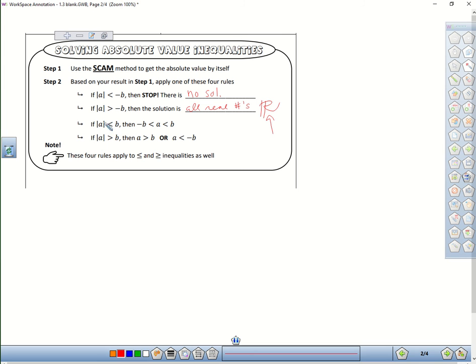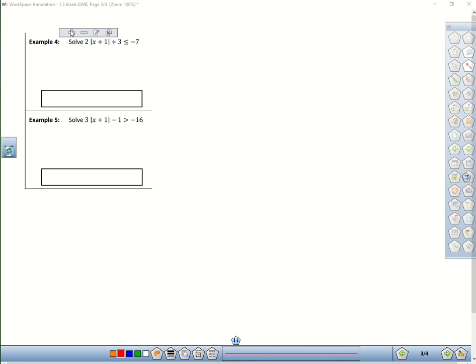If the absolute value of a is less than b, then negative b is less than a is less than b, and if absolute value of a is greater than b, then a is greater than b or a is less than negative b. These four rules apply to less than or equal to and greater than or equal to as well. So let's go ahead and try to solve an absolute value inequality.